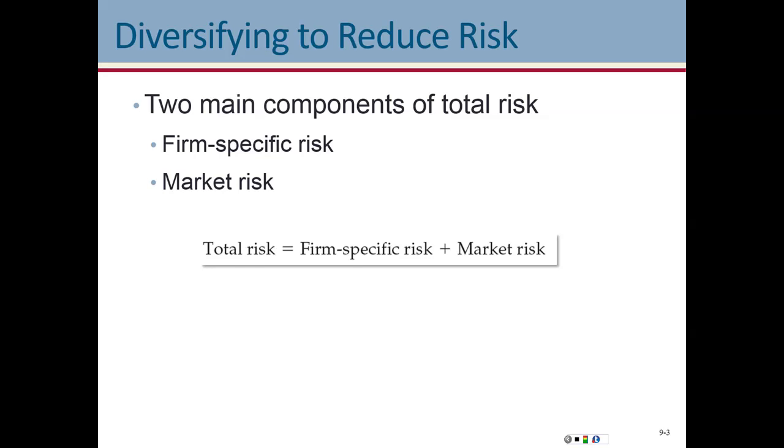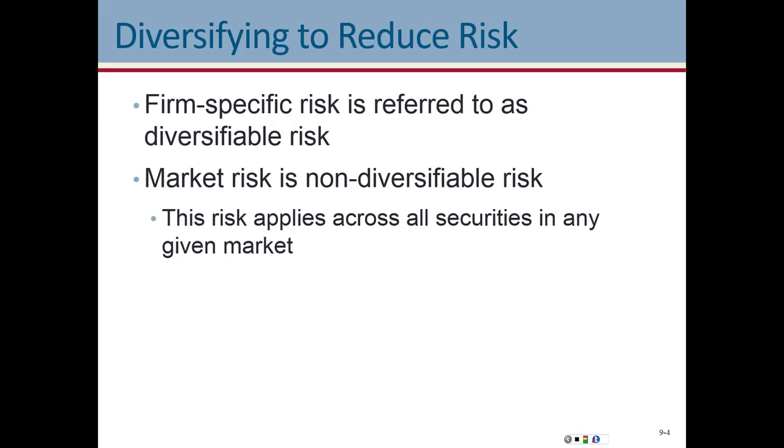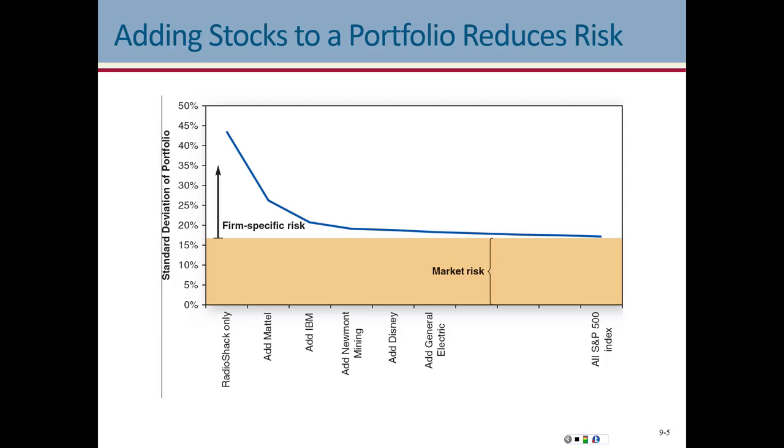Market risk affects everyone. We want to get rid of firm-specific risk, right? That is also called diversifiable risk because we can get rid of it, right? Market risk, on the other hand, is non-diversifiable, right? This is what we were talking about just a minute ago. As we keep on adding more stocks, the standard deviation of our portfolio dramatically goes down, right?